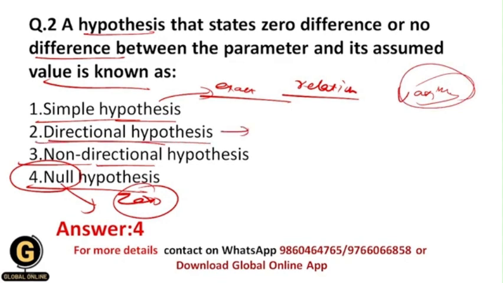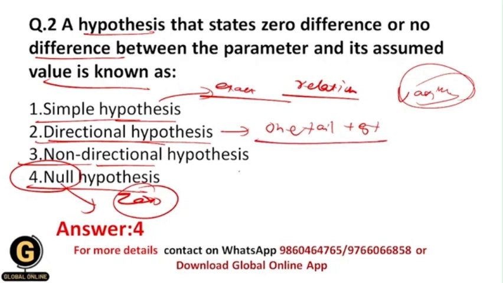Basically, directional hypothesis is the hypothesis which states the result in one direction only. Okay, it has only one direction, and that's why this kind of hypothesis is tested by one-tail test. I think we have seen this test in yesterday's video, so you can refer to yesterday's video.